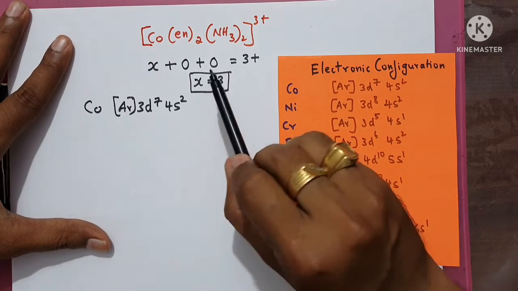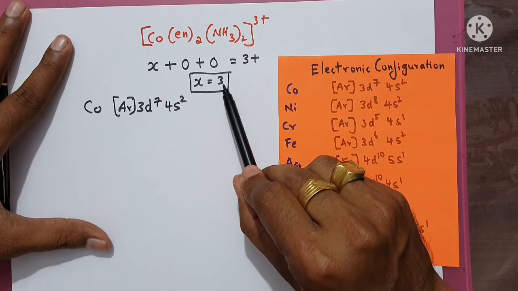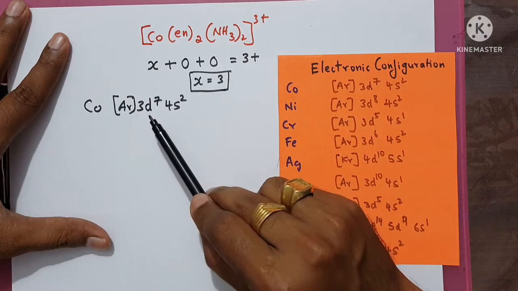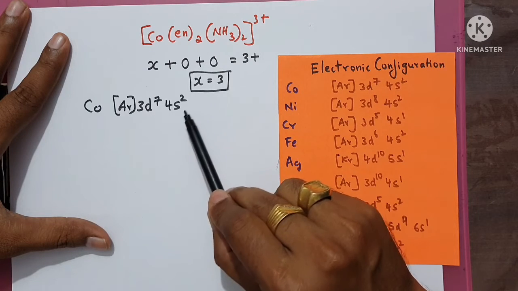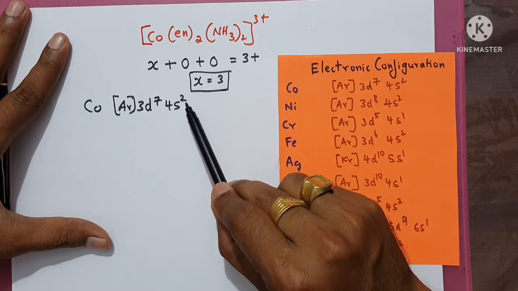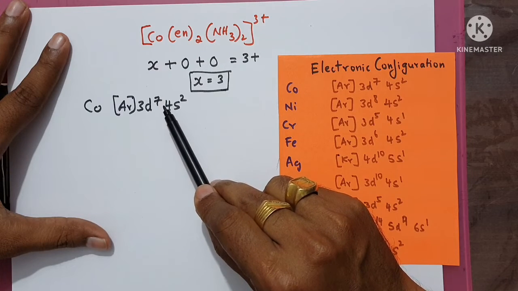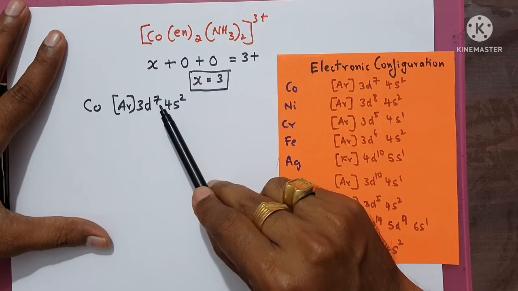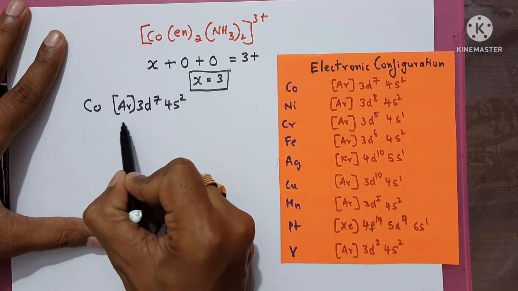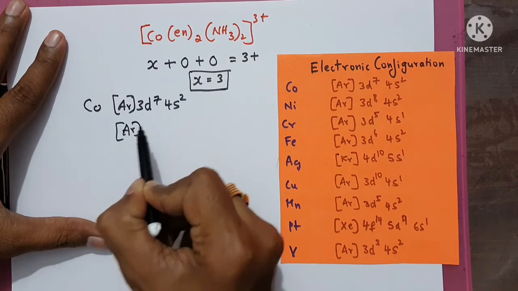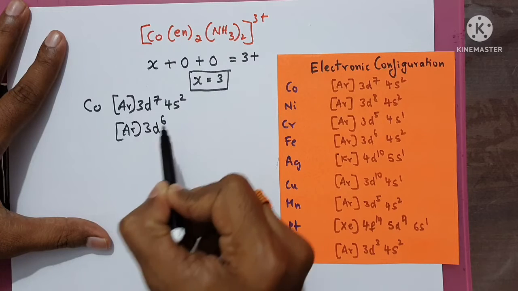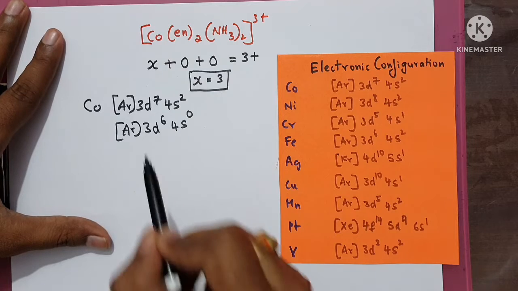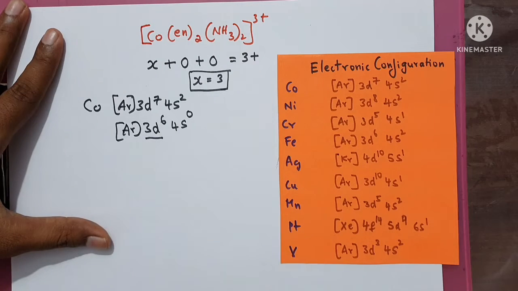The oxidation number we have got is 3, so remove 3 electrons from 3d7 and 4s2: I'll remove 2 from here and 1 from here. Once again, the oxidation number is 3, so I remove 2 from 4s and 1 from 3d. Therefore, we get Ar 3d6 and 4s0. So I've got the configuration of 3d6.